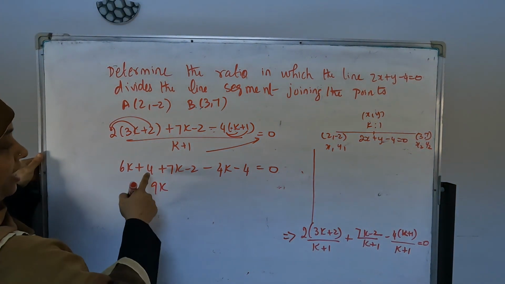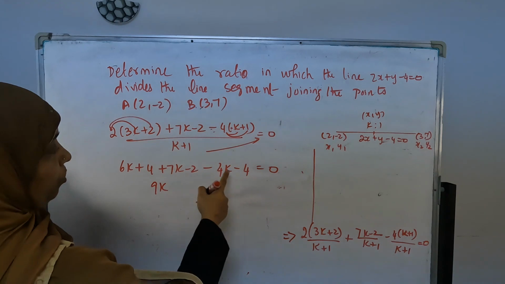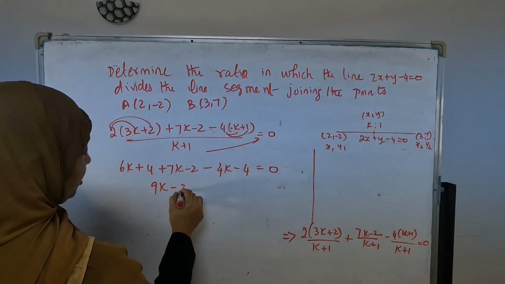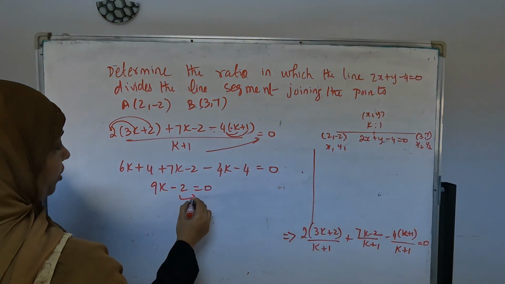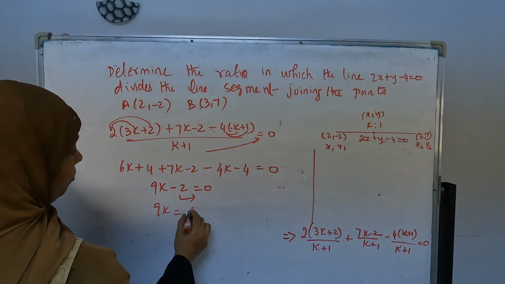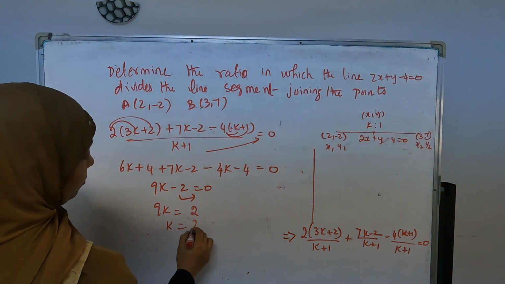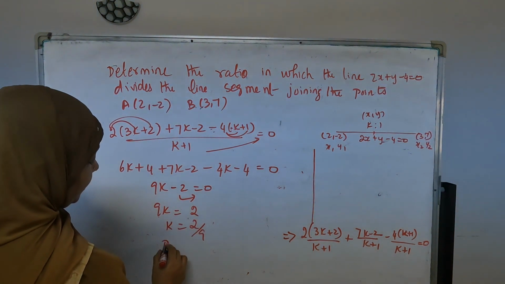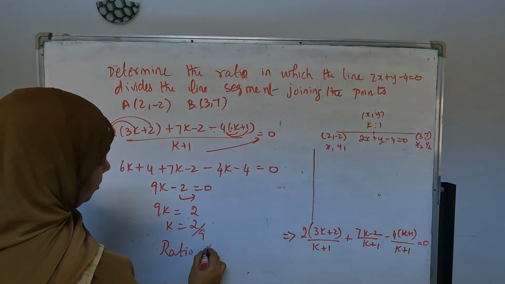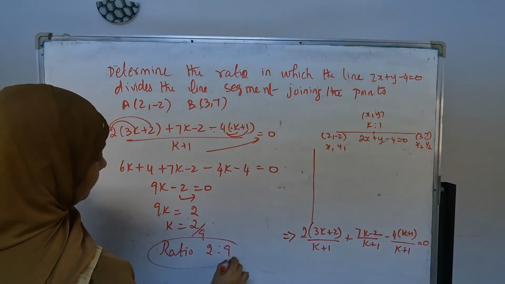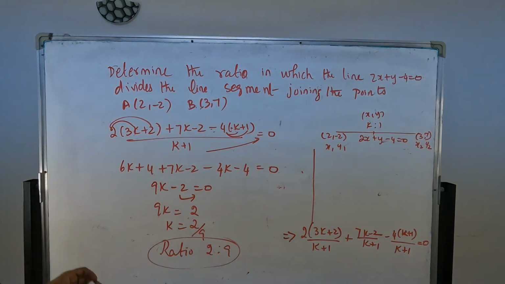And the numbers: 4 minus 2 is 2, 2 minus 4 is minus 2, equal to 0. Now bring 2 here. 9k is equal to 2, and k is equal to 2 by 9. The ratio is 2 is to 9.